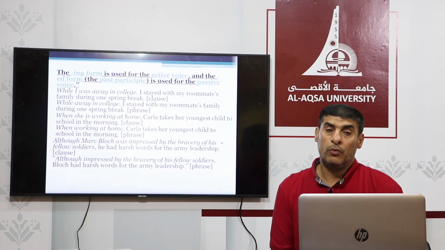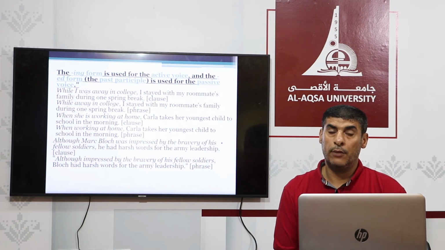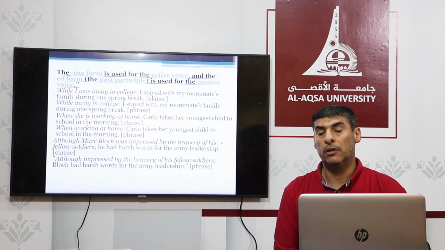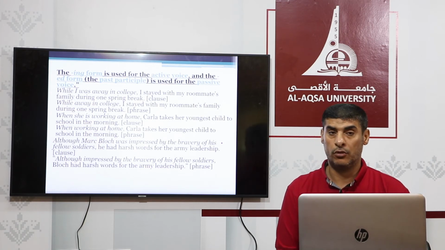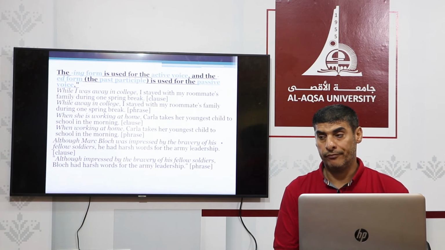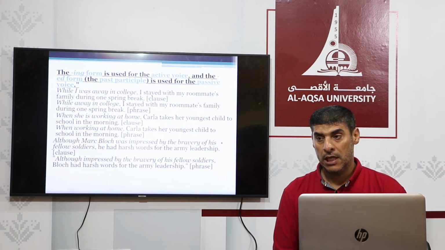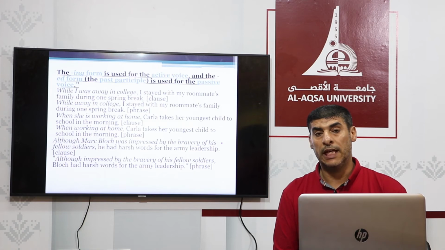Okay, so when we have a passive voice, I would say that three people who were killed in the accident becomes the three people killed in the accident. Okay, this is an adjectival clause, but we are working on adverbial clauses.